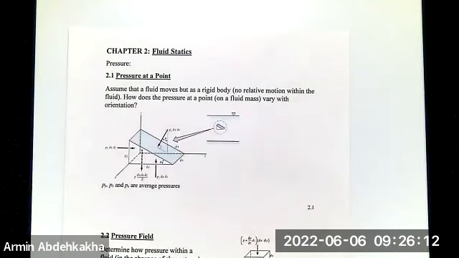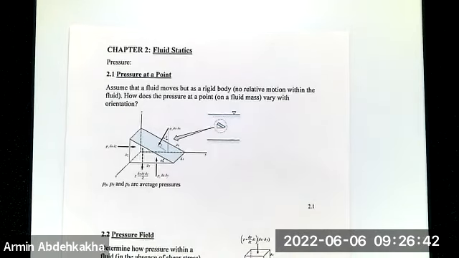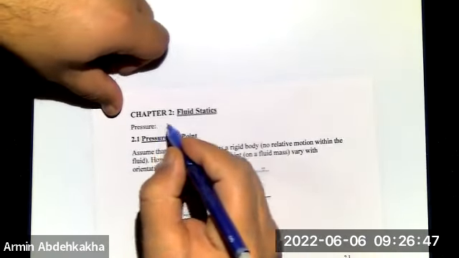Chapter 2, fluid statics. One of those is pressure. The most important thing in this chapter is the pressure in a fluid when it's at rest. What is pressure?